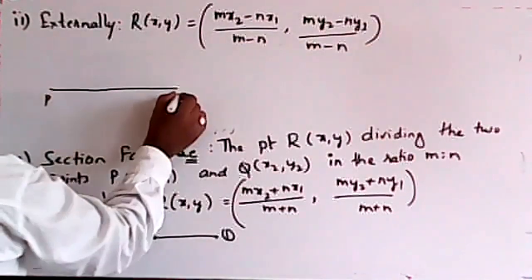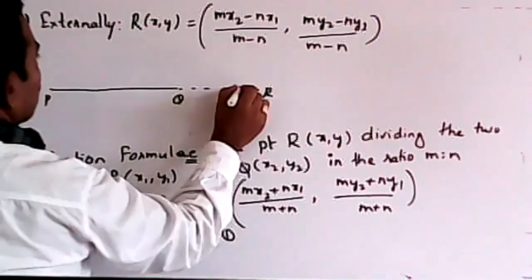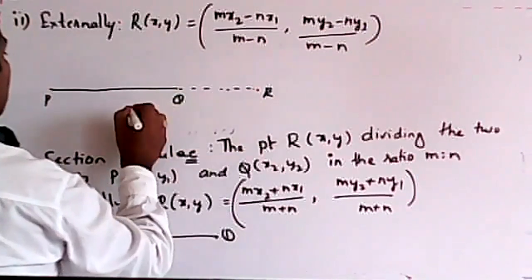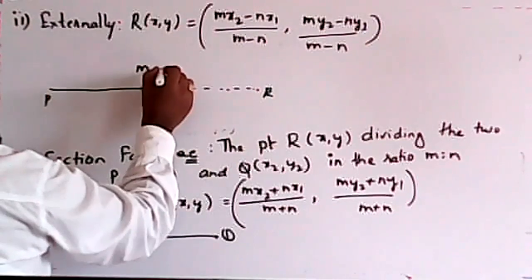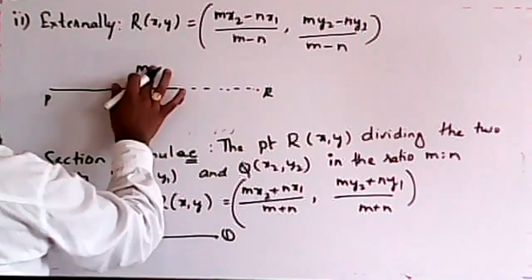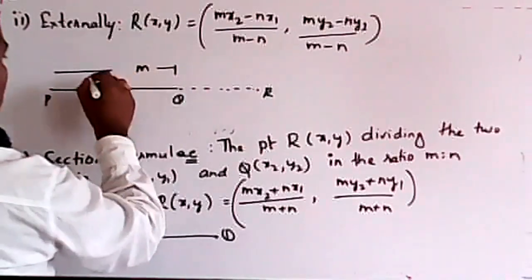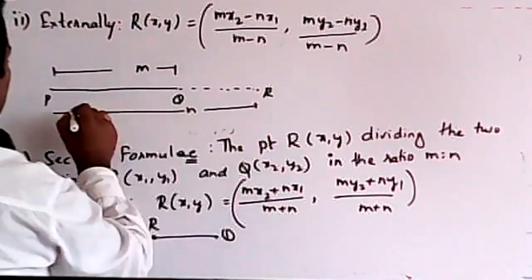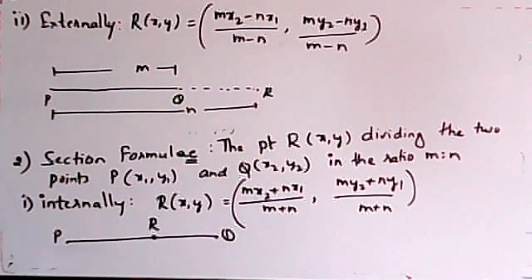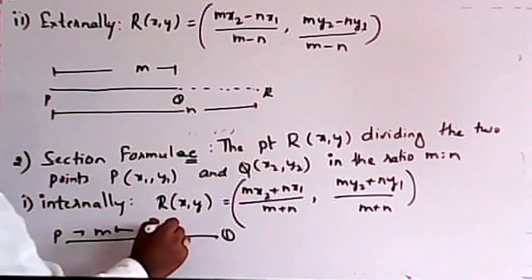Say that it is P and Q, some point is here, say R. It is outside. Then it divides in the ratio M to N. Suppose this is M from here to here, and say this is N. In this ratio, this is dividing. See here also it is M and it is N.